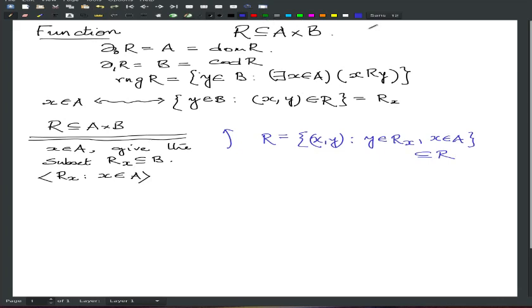So the idea is something like this. You had your A and you had your B. To each such element, you just give me all those things which are related to it. Here also, you give me, and there can be overlaps.